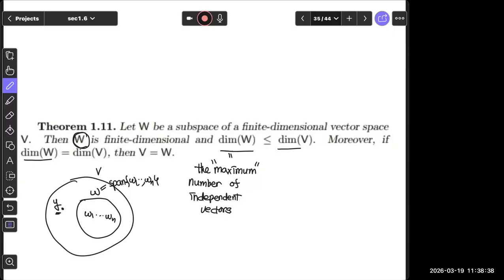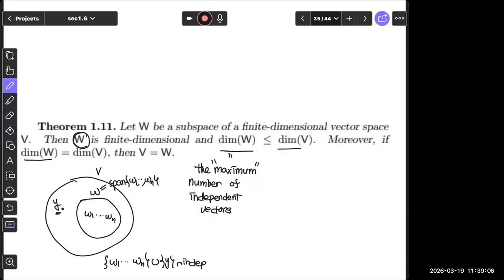If V is different from W, so some vector Y exists outside of the span of W1 up to Wn, then the union of W1 up to Wn and Y will be independent.